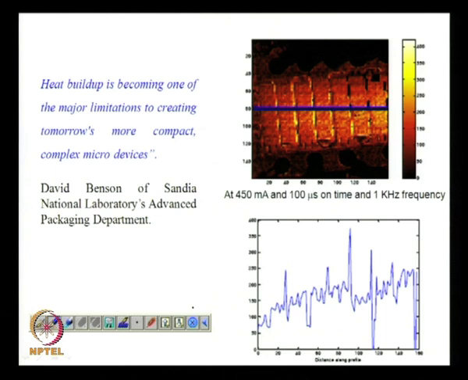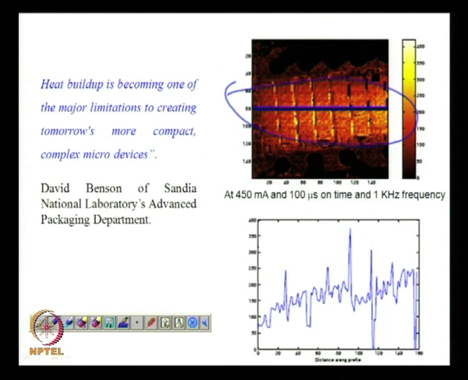You can see that the temperature varies, and you would see occasional spots where the temperature could be very high, and the bottom picture is a plot of the temperature along this blue line, and you can see that there are spikes where the temperature can be as high as 200 degrees centigrade.